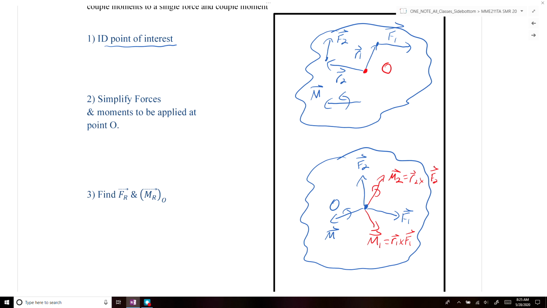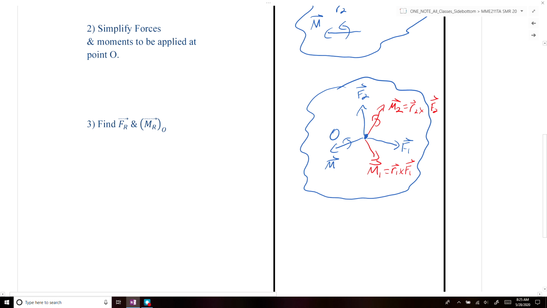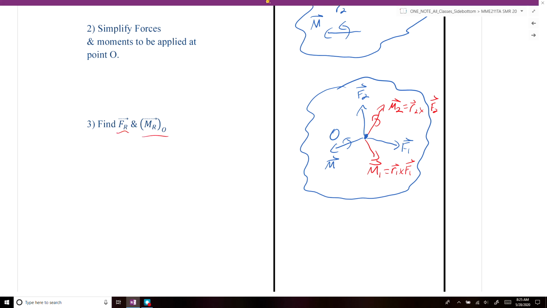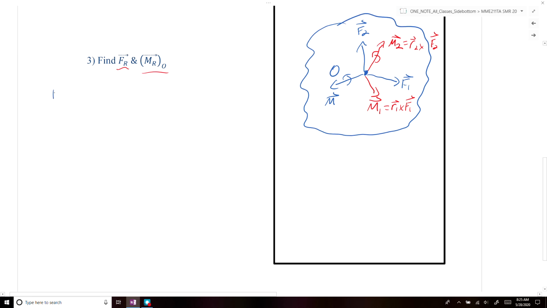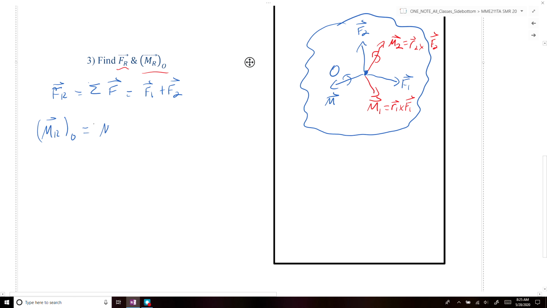The last step is we just need to sum all of our forces together and all of our moments together. We're going to use the following two equations. The resultant force is equal to the sum of all of our forces, which in this case would be equal to force 1 plus force 2. And our resultant moment about point O would be equal to the sum of all of our moments about point O plus the sum of any couple moments that were applied to our system.